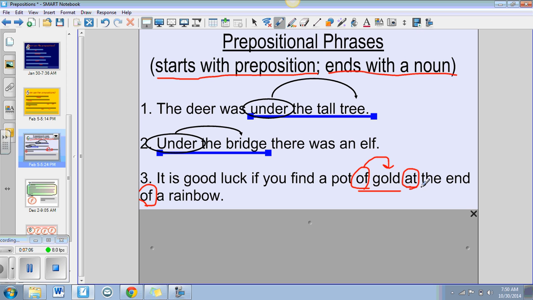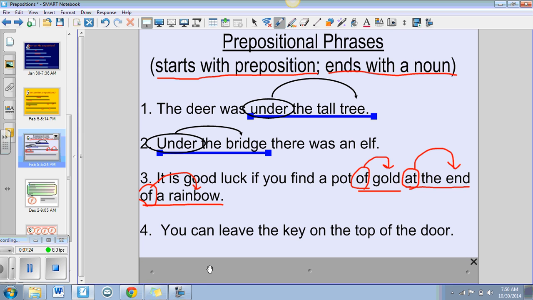Gold is a noun. And end is also a noun. So here is our prepositional phrase at the end. And then rainbow is a noun. Here is our prepositional phrase. And there is our noun. Go ahead and try this for the next sentence.